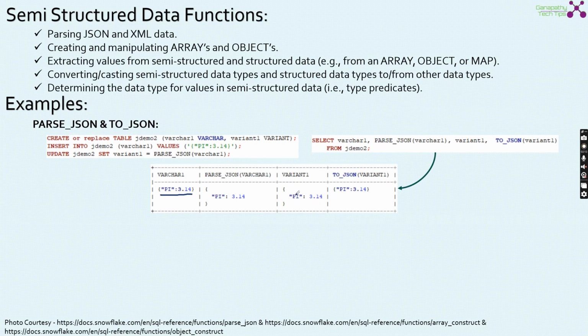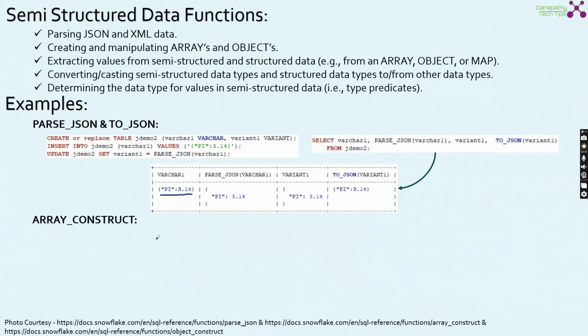Now you can convert that into the JSON value again using the TO_JSON construct. So PARSE_JSON is used to convert the normal one into JSON, and TO_JSON will convert that into the specific JSON string again. This is the ideal example which you can use.